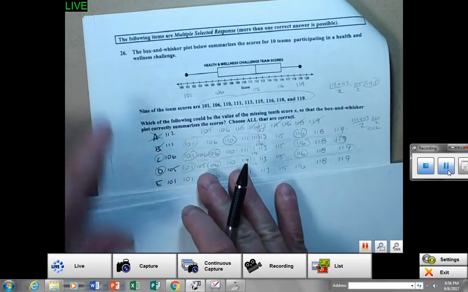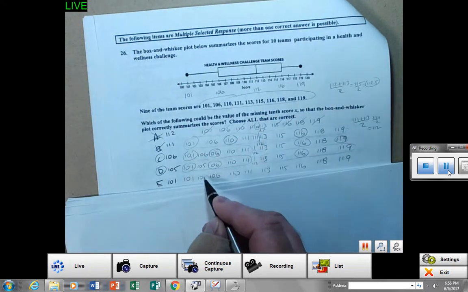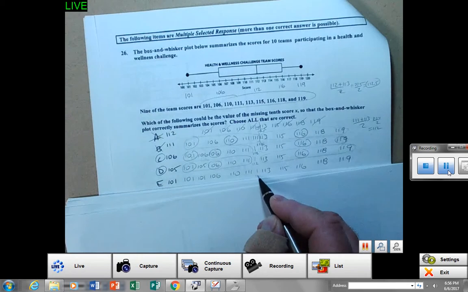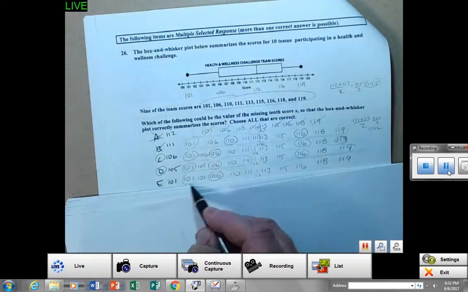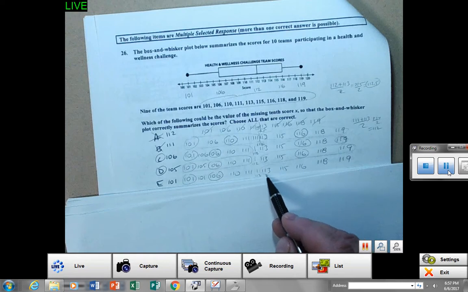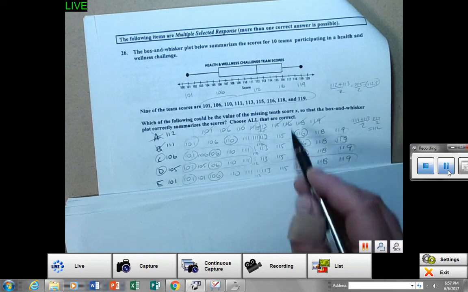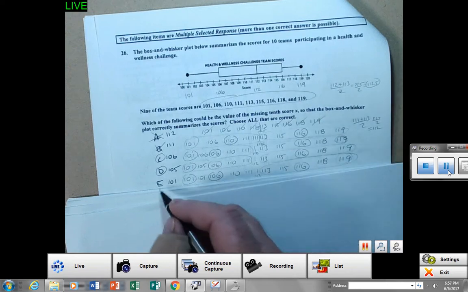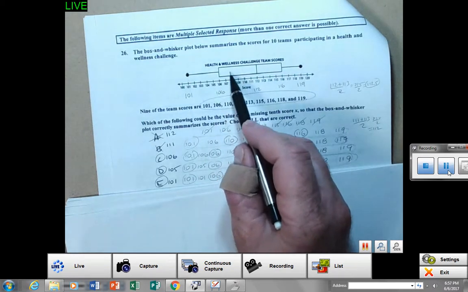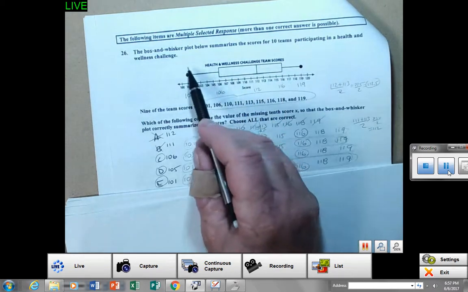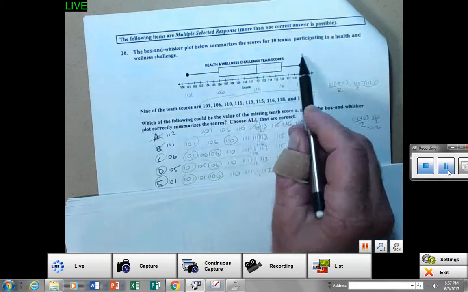For this one, 101, if I add 101, again, I still have 112 here, looking good for my median of the whole set. 106, good. 101, good. Median of the bottom half, minimum. Median of this top half of numbers, still looking good. 119, looking good. And then again, remember, interquartile range from here to here. The whole data set's range all the way.